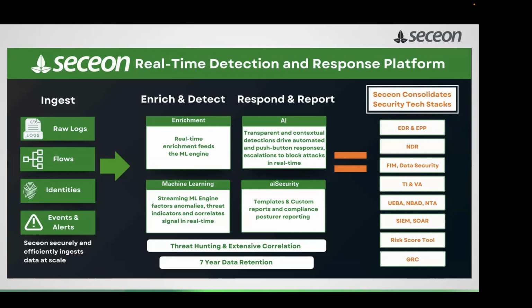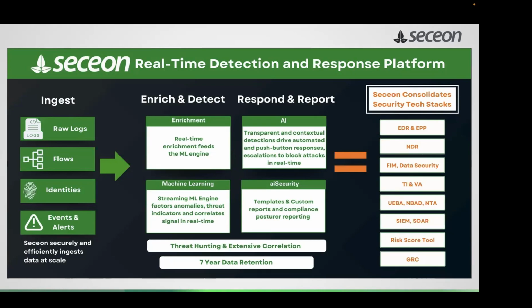Ingesting raw logs, flows, identities, events, and alerts from infrastructure, from applications, from cloud environments, and then enriching it and using machine learning and AI to detect indicators of compromise, indicators of behavior that are just indicative of malware, ransomware, identity theft, and beyond. And then responding in an automated fashion.